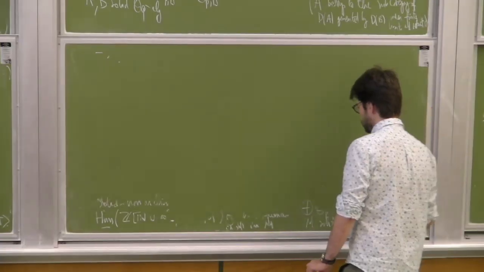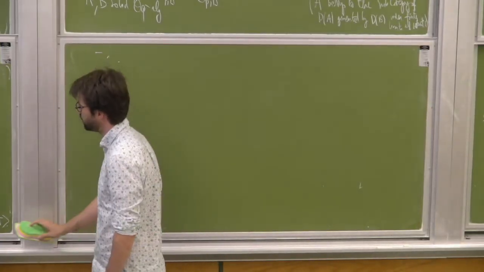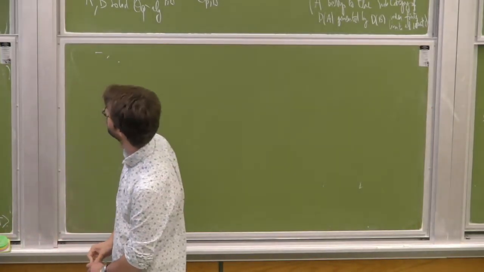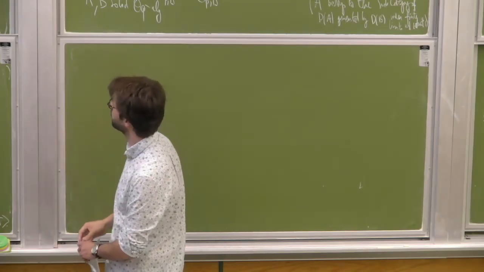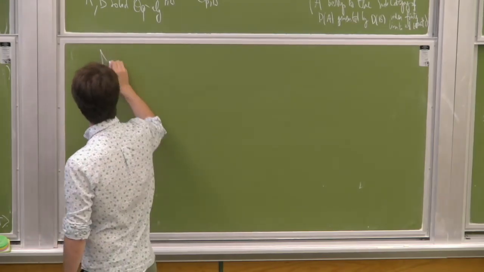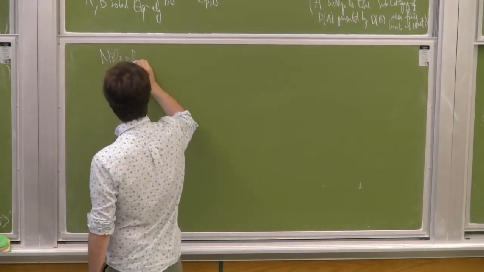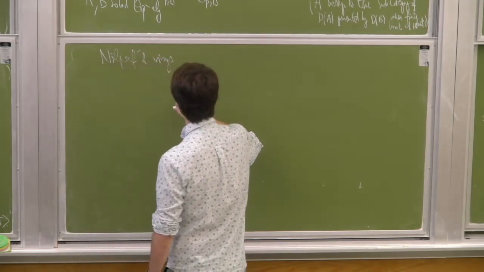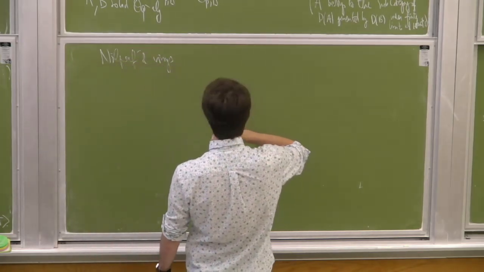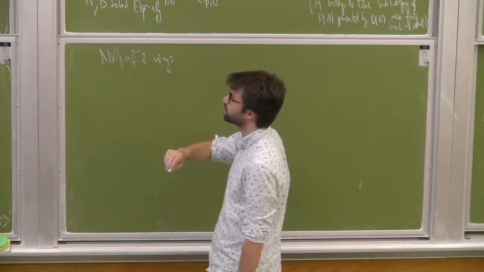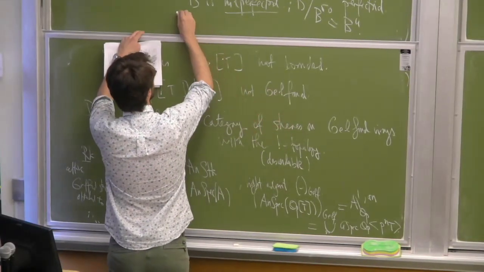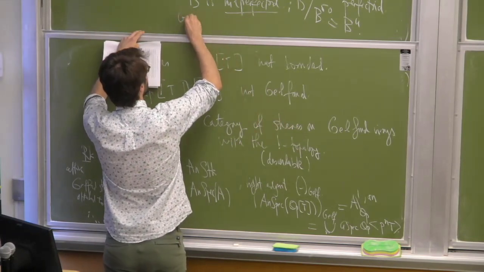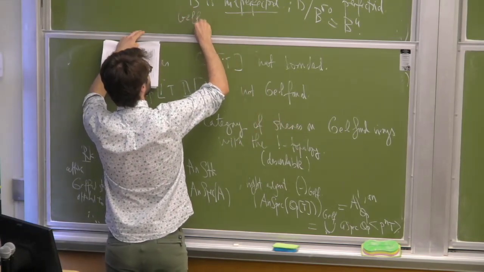Right, so now the subclass of Gelfand rings, nil perfectoid rings: B is also Gelfand. So the nil perfectoid rings are examples of Gelfand rings.